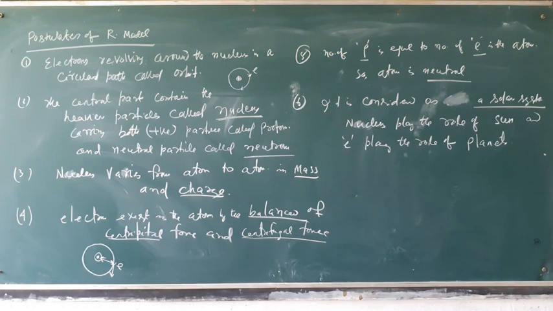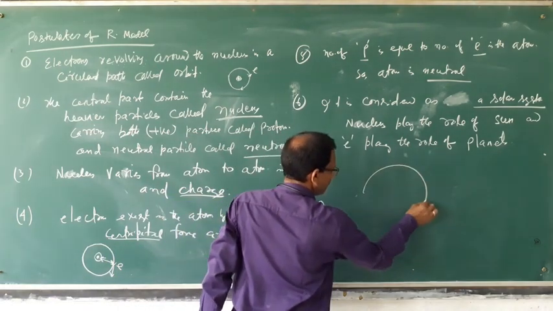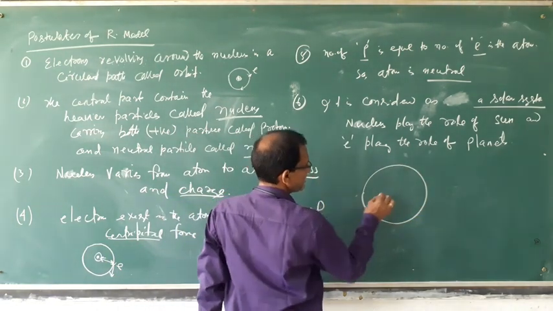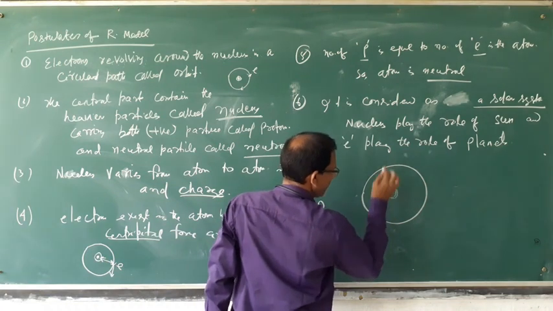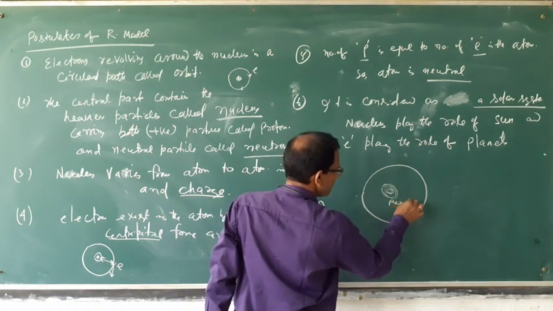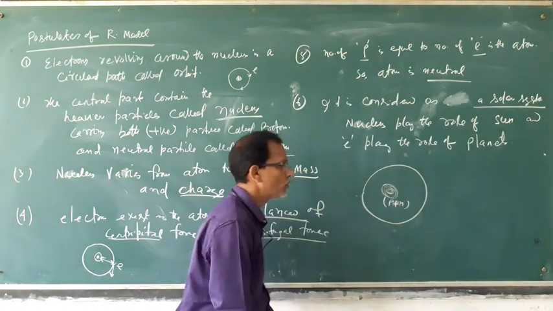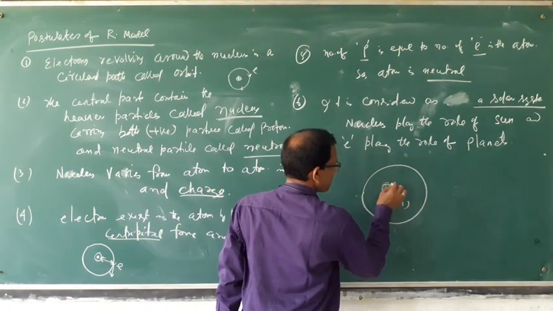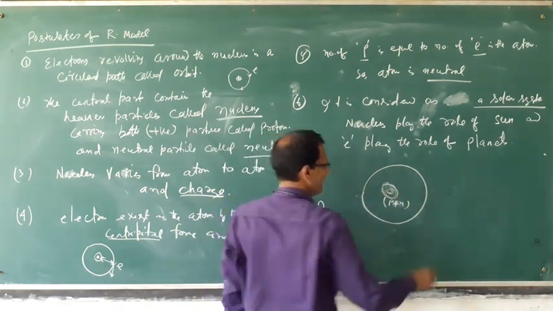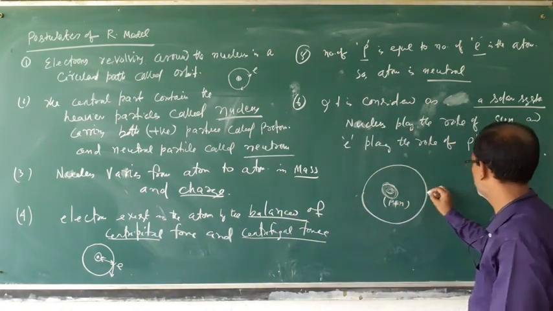Only two things are important. The whole atom in structure has two parts. This is your nucleus, made of proton and neutron. And the outer side of the nucleus is the extra nuclear part, that is electron.